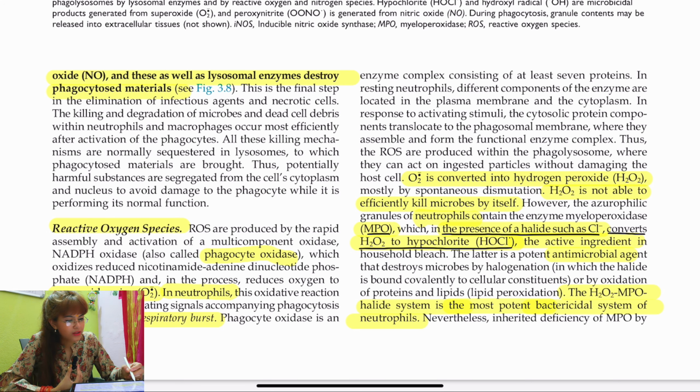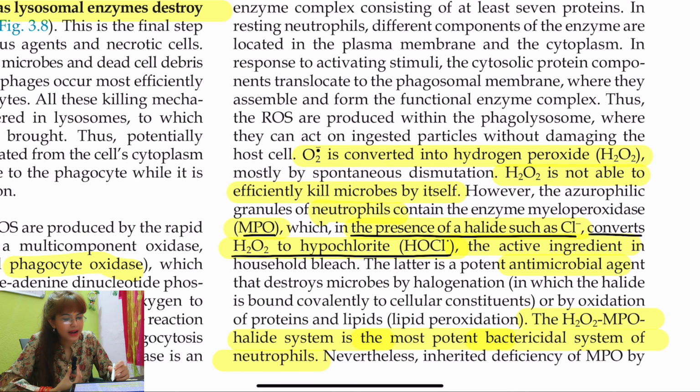One point I want to mention is that the H2O2-MPO-halide system is the most potent bactericidal system of the neutrophils. Okay, please understand that here is an important point I also want to mention: superoxide is converted to hydrogen peroxide. Hydrogen peroxide is not able to efficiently kill microbes by itself.